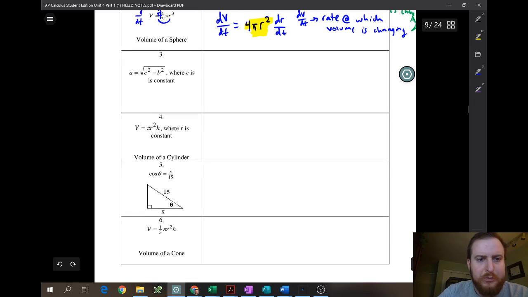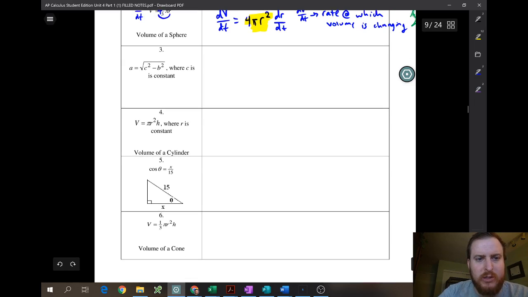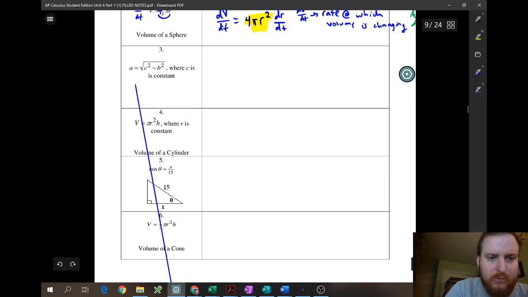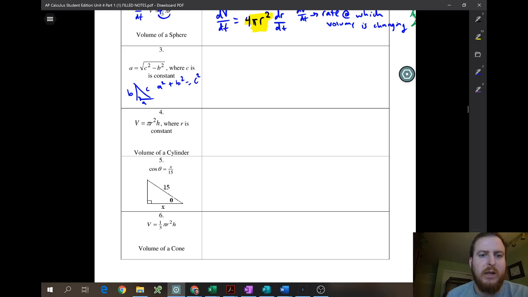Okay, next up, we have a equals the square root of c squared minus b squared. This comes from the Pythagorean theorem, a squared plus b squared equals c squared. If you isolate for a, you get this formula. But they're telling us that c in this case is a constant.